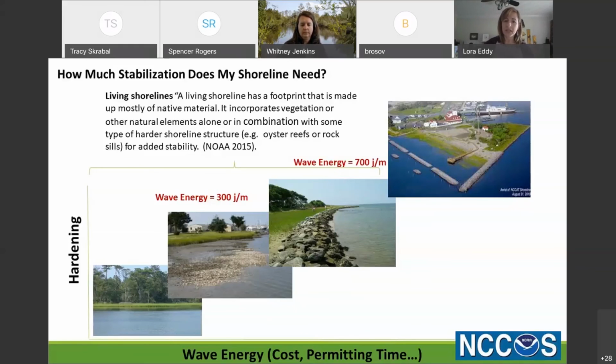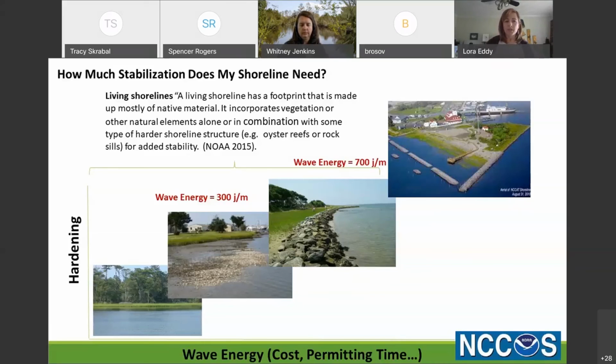And so the reason that we're using this analysis, and what is baked into this, is that scientists in these areas have documented that the width of the natural shoreline marshes is extensive where we see wave energy below 300 joules per meter.